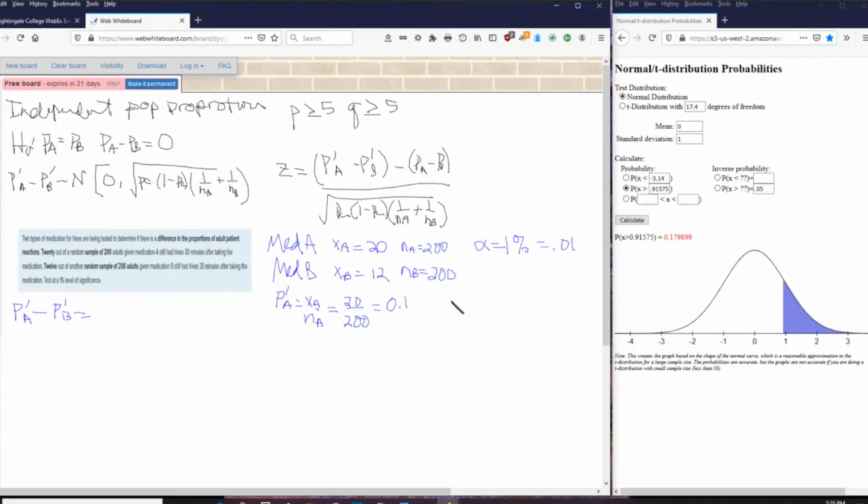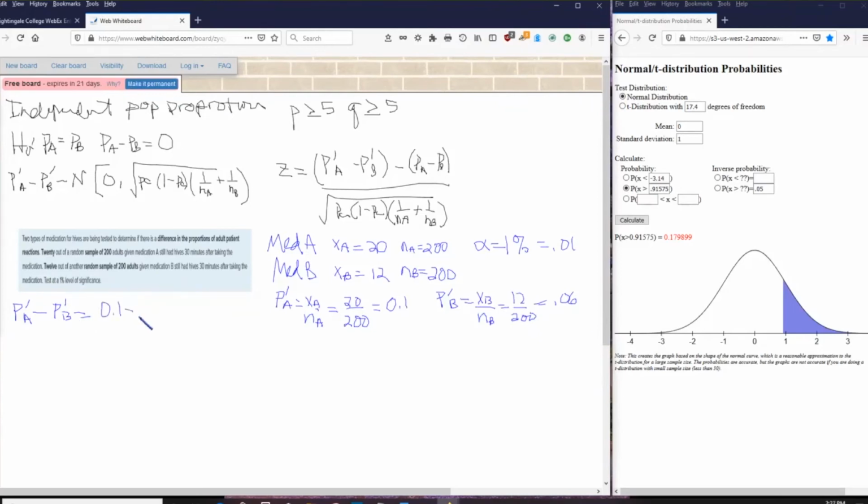Let's go ahead and get my P prime of B, which is going to be the number that didn't react for B over the sample size of B, which is going to be 12 over 200, which is 0.06.